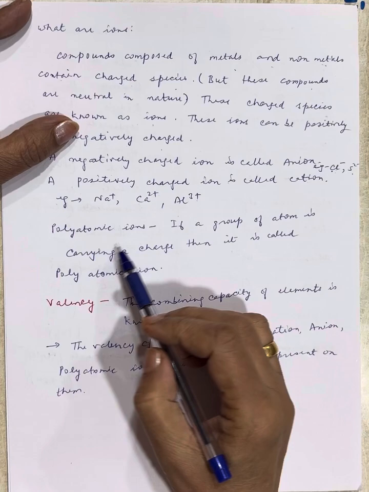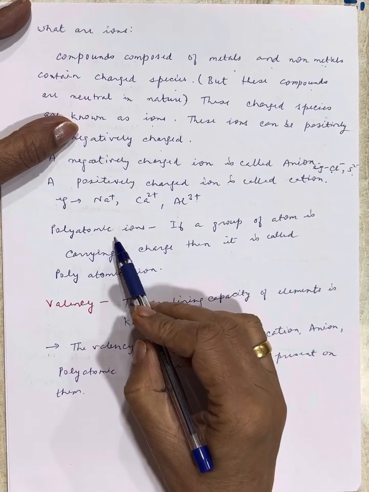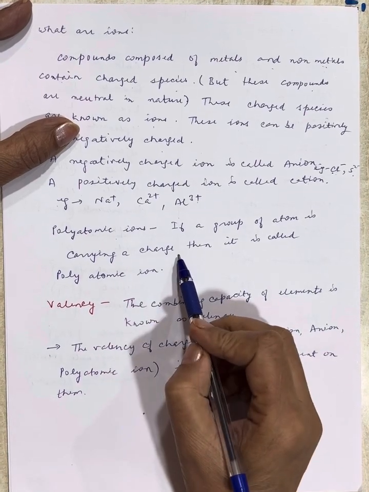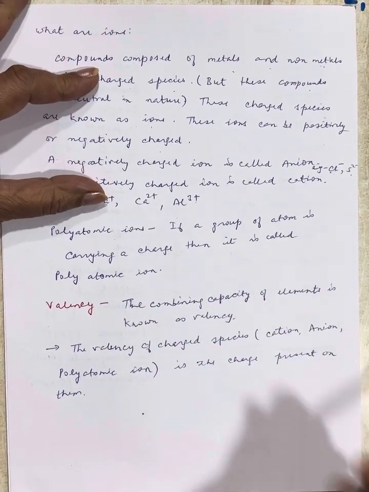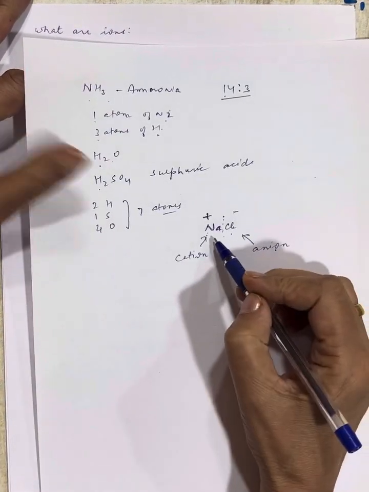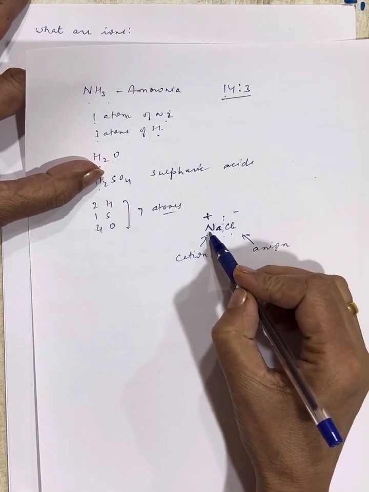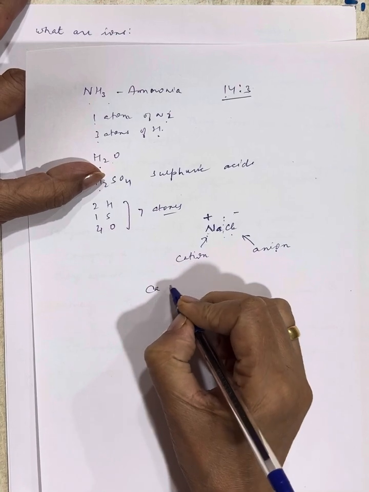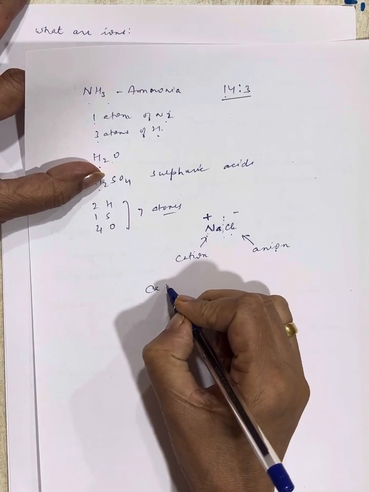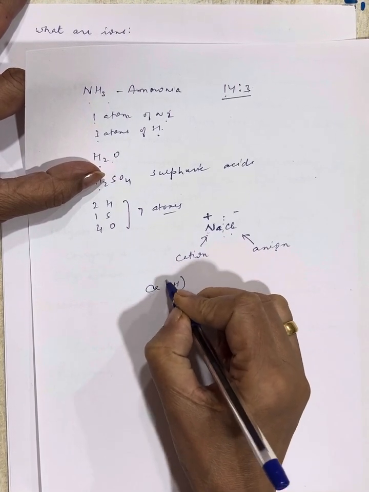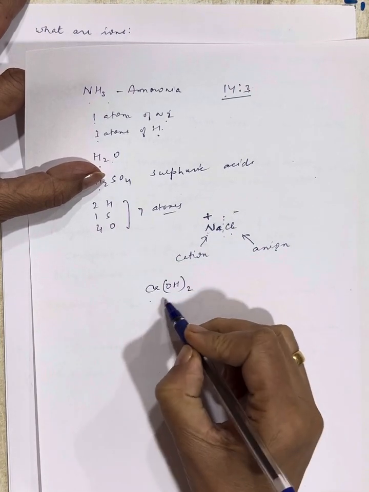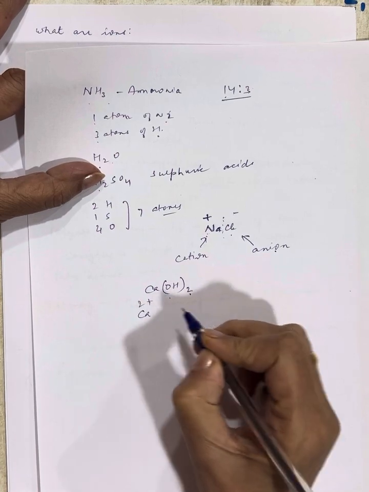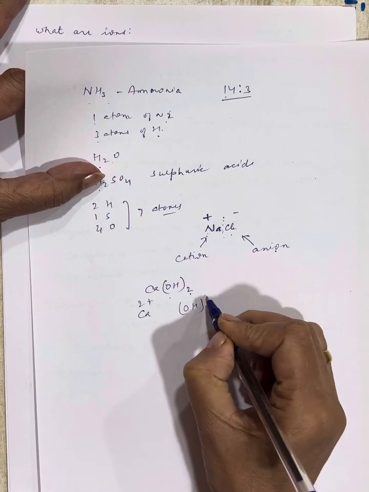Okay, next my topic is polyatomic ion. If a group of atoms is carrying a charge, then it is called a polyatomic ion. In NaCl single atoms are there, but let me take the example of calcium hydroxide, Ca(OH)2. Here calcium is 2 plus and OH minus is carrying 1 charge.